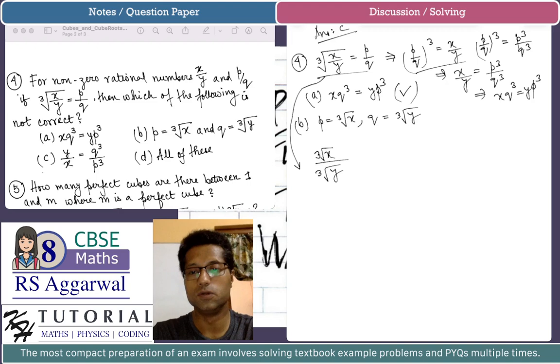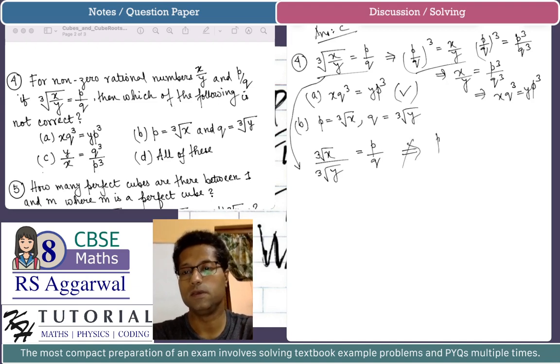So we get the cube root of x divided by the cube root of y is equal to p by q. But this does not imply that p is equal to the cube root of x and q is equal to the cube root of y.